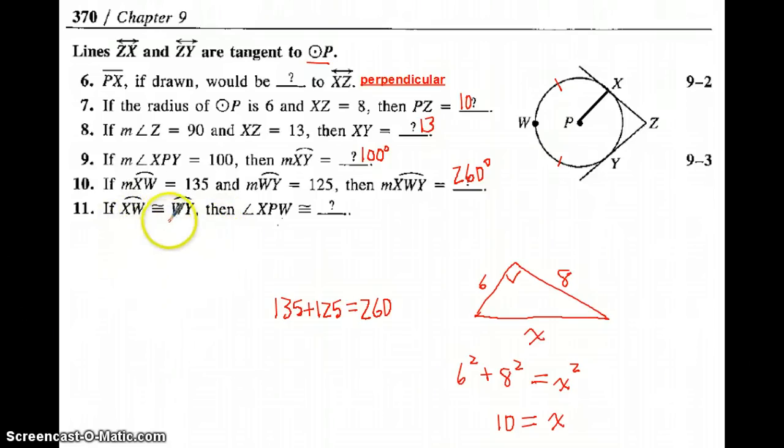If XW is congruent to WY, then the angle XPW, this angle here, is congruent to what other angle? Well, if this arc is congruent to this arc, then the central angle it makes, whatever this measurement is in degrees, would be the measurement of this arc, and this angle's measurement would be the same sort of thing. So it would have to be congruent to that angle, which would be angle WPY.